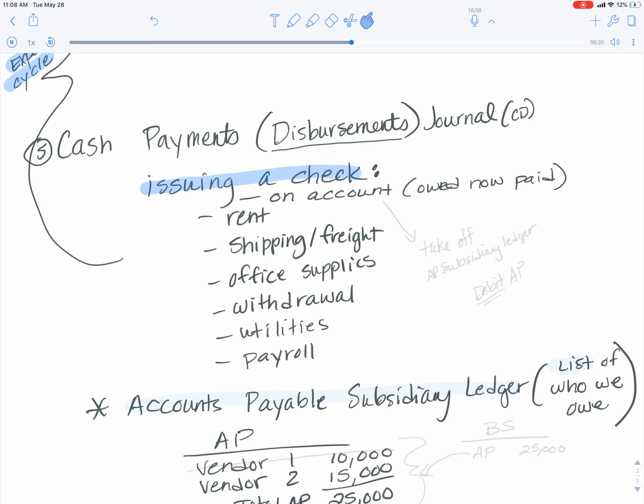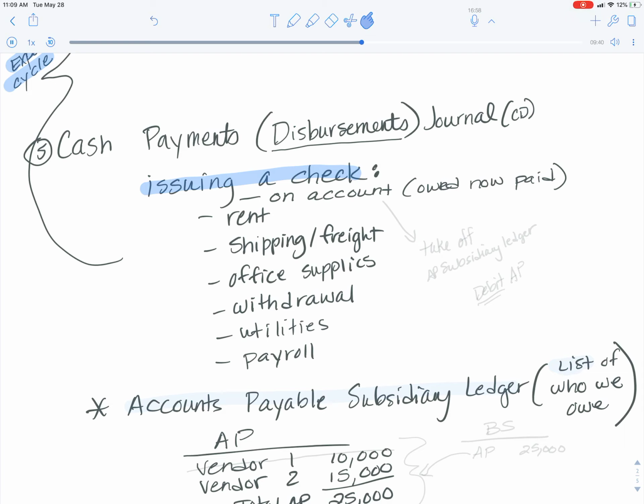The accounts payable subsidiary ledger. This would be when we debit accounts payable. And our credit, of course, would be the cash. So these are the two journals that go in the expense cycle, and the subsidiary ledger that goes with them is the accounts payable subsidiary ledger.